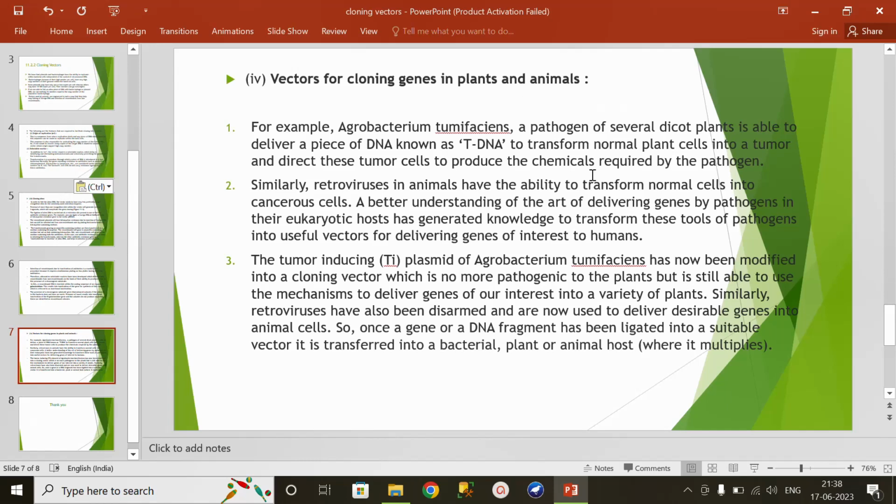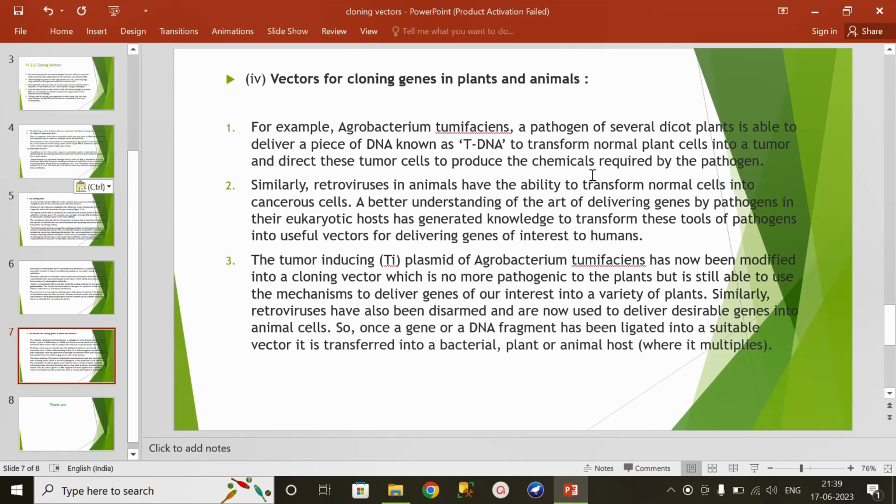But the Ti plasmid is nothing but the tumor inducing plasmid, which is present in Agrobacterium tumefaciens. So if you infect the plant cells with the modified Ti plasmid, it does not produce any tumor cell, but it can produce the desired chemical substance that is of interest to us.